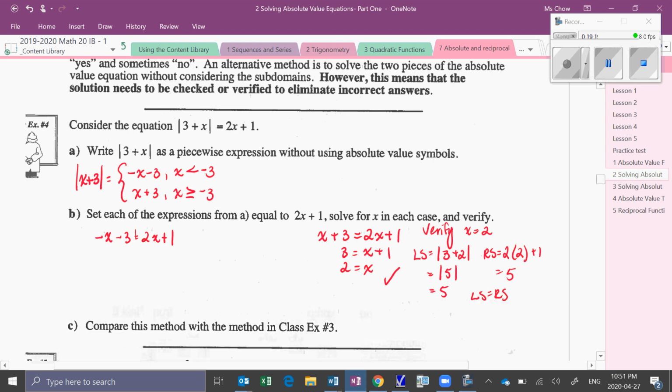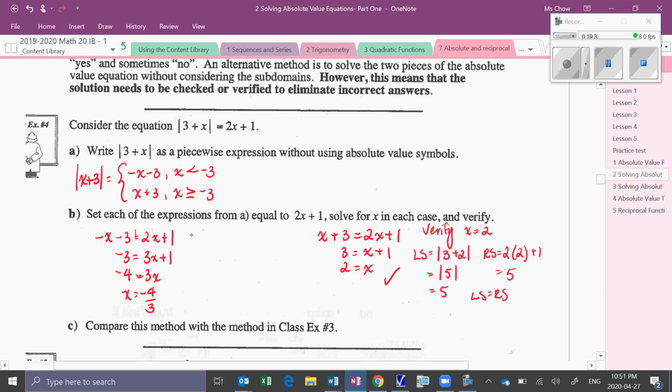So in this particular case, then we're going to add x to each side, so -3 is equal to 3x plus 1, subtract 1, negative 4 is equal to 3x. Divide by 3, so x is equal to negative 4/3.